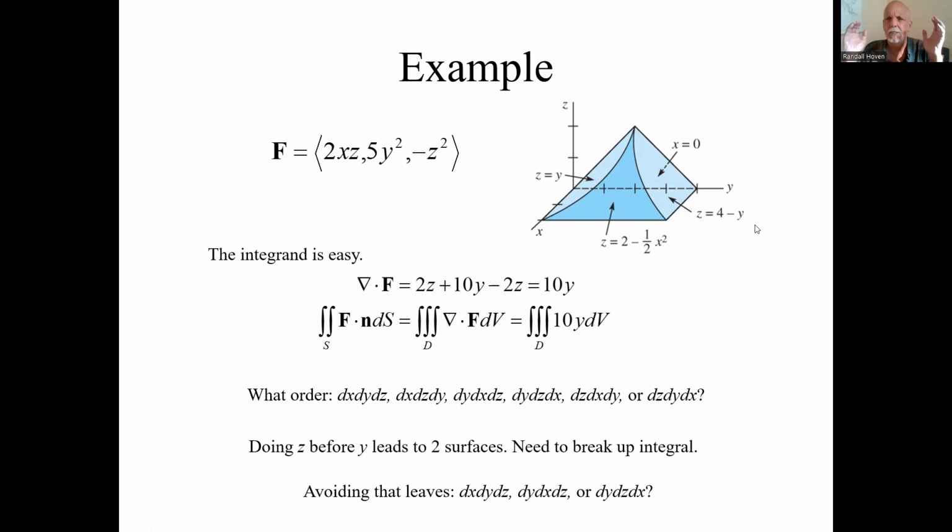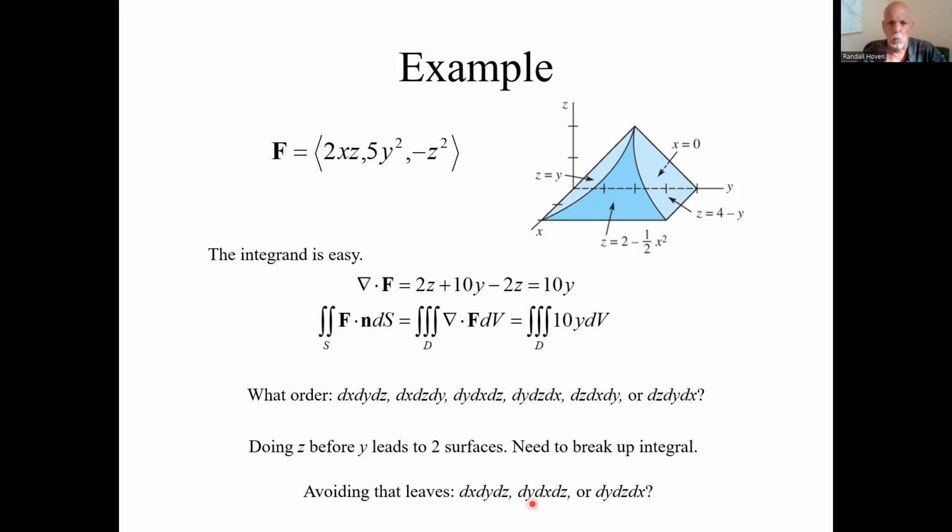So of the 6 possible ways to order the variables of integration, we would like to not do z before we do y. Here are the 6 permutations of those orders right here. We'll try to eliminate doing z before y, so we don't have to break up the integral. That leaves 3 different possible orders.